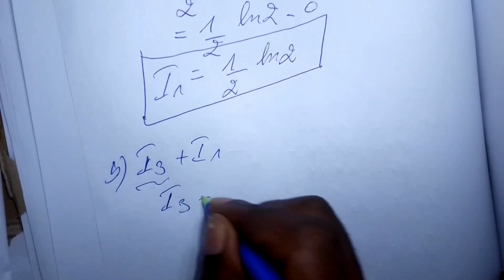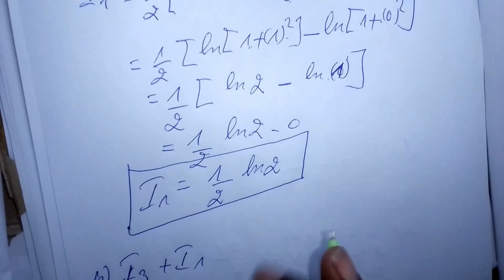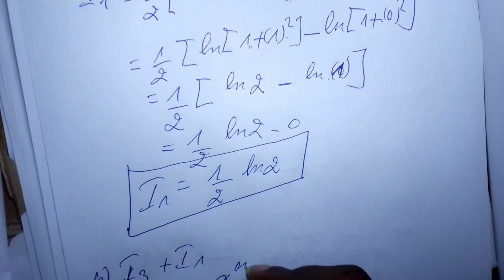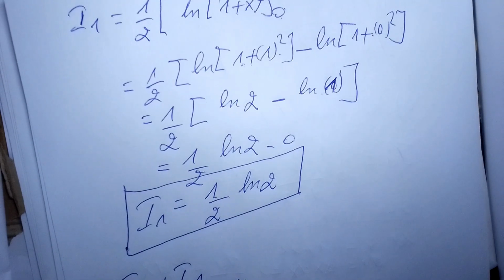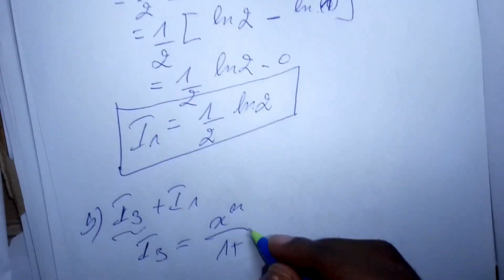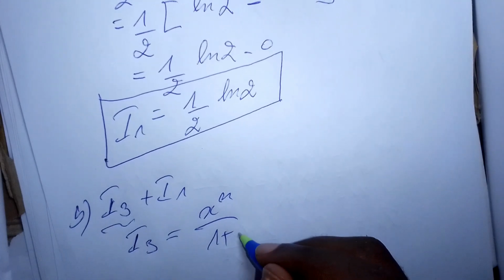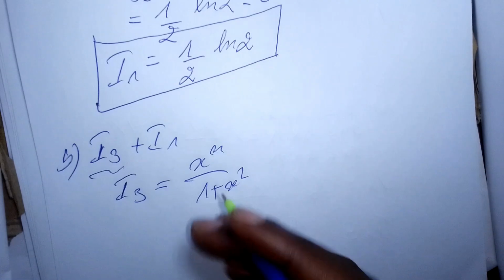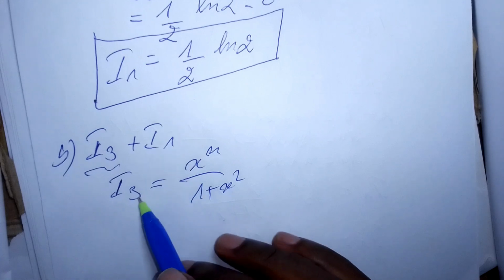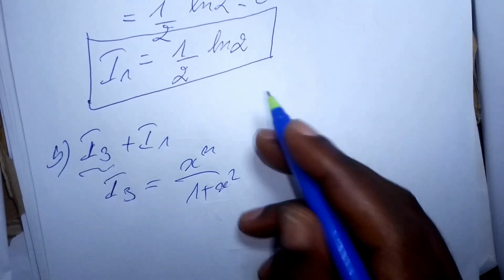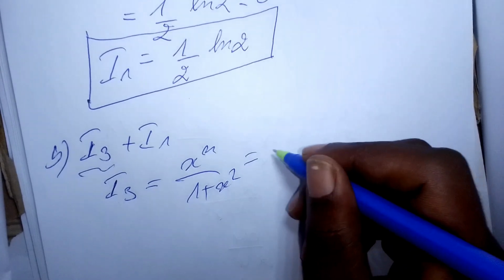I3 means x power n over 1 plus x squared, and we plug in this n.